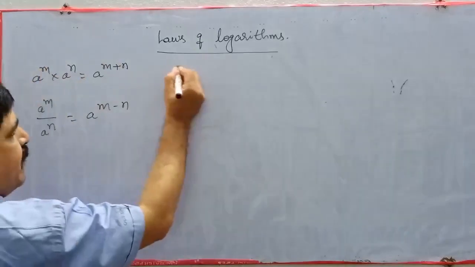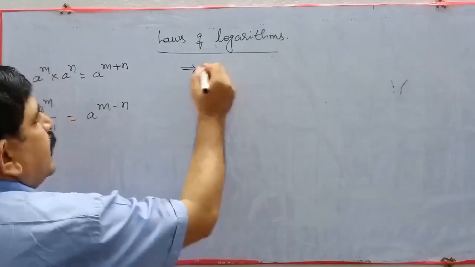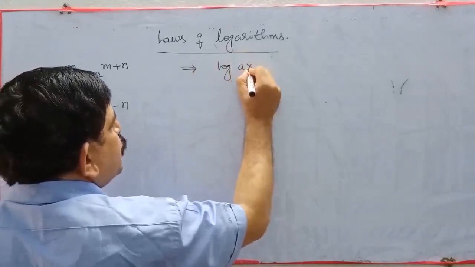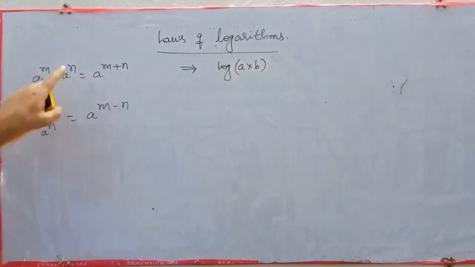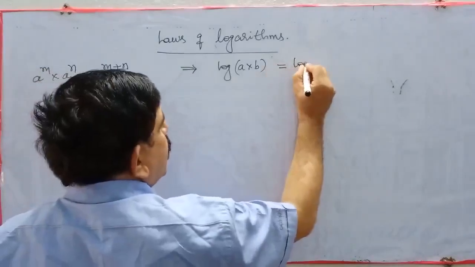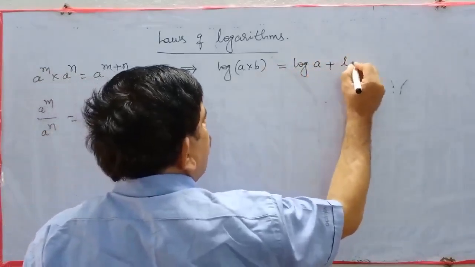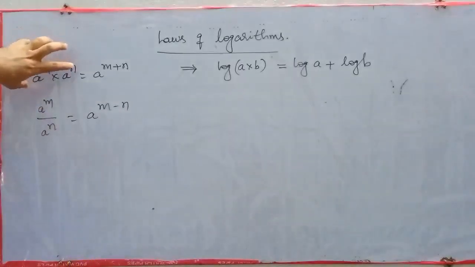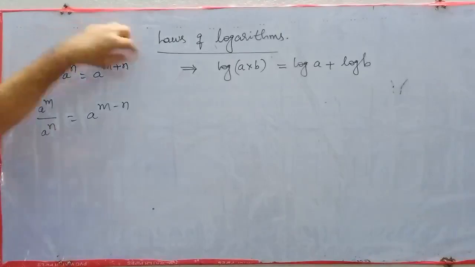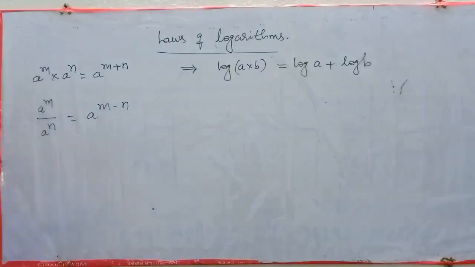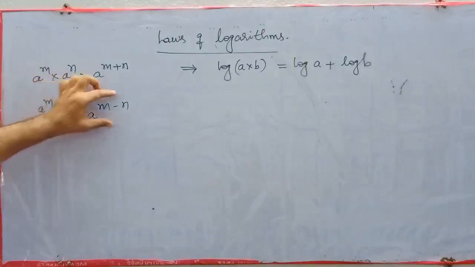Okay, in the same way in logarithms, log of a into b can be written as log a plus log b. Product becomes sum. Next one, division: a to the power of m by a to the power of n is equal to a to the power of m minus n.